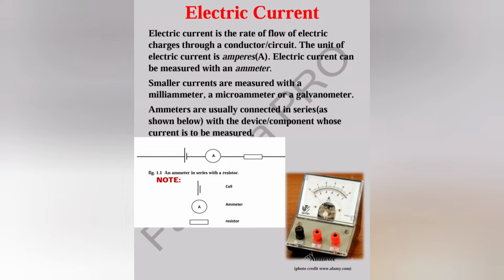In this picture, the device is the resistor, so the ammeter is connected in series with the resistor. Ammeters are usually connected in series with the device or component whose current is to be determined.